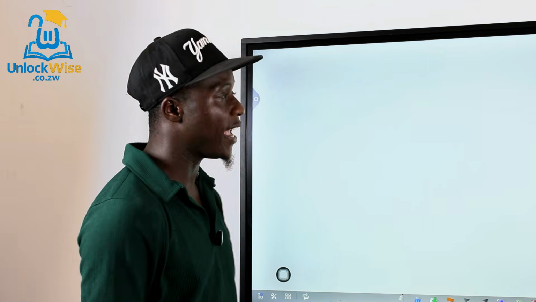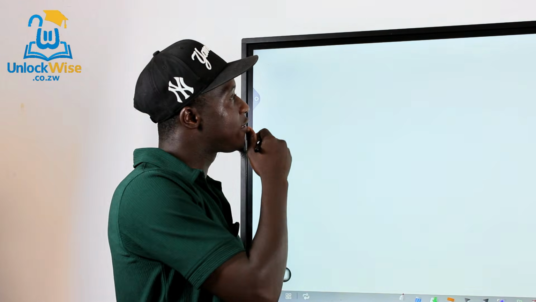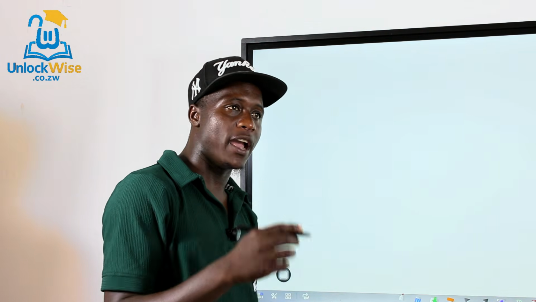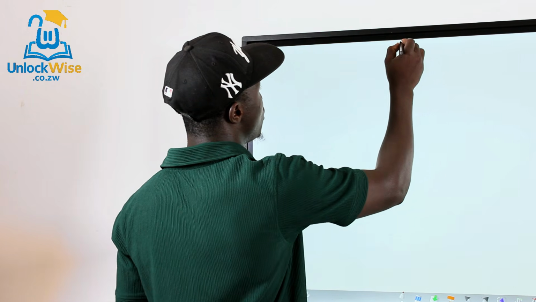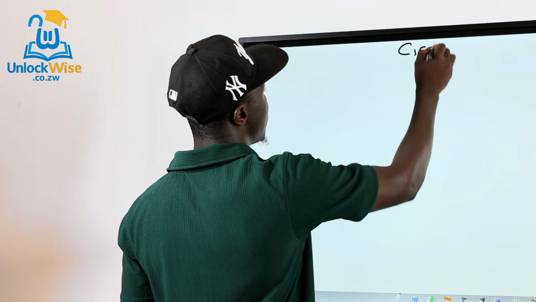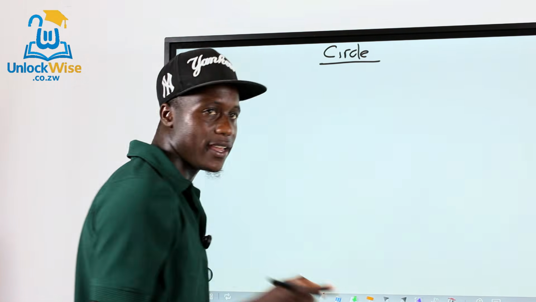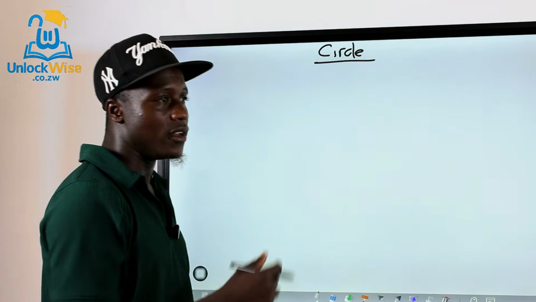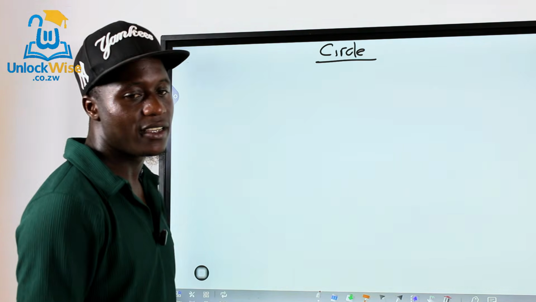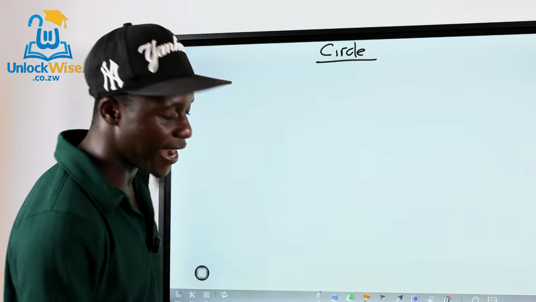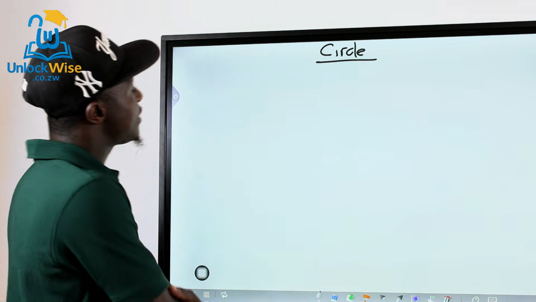But as for today, I'll be doing this topic in a cheaper way, whereby I will be illustrating a massive concept which you need to understand. Why did I choose the topic circle? Circle has a relation with identities. So the topic is circle.